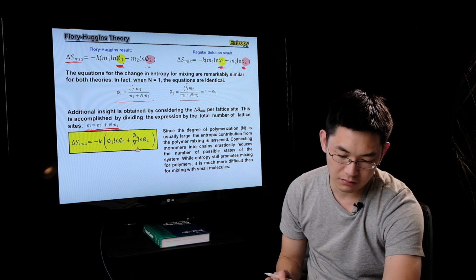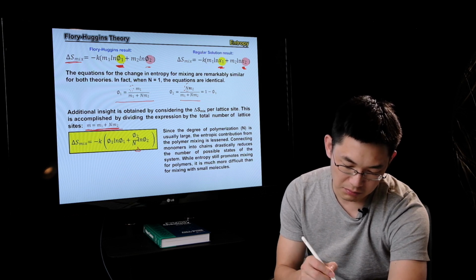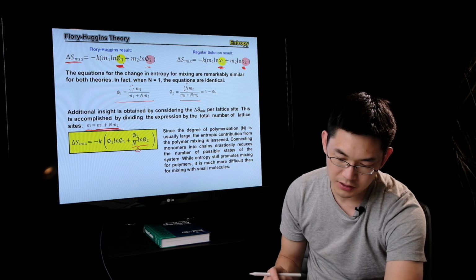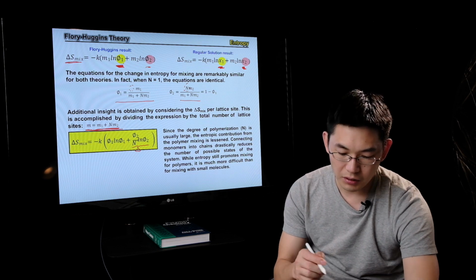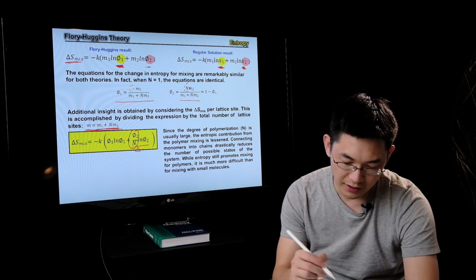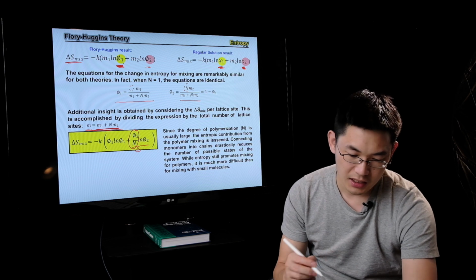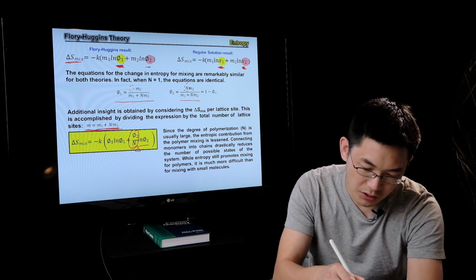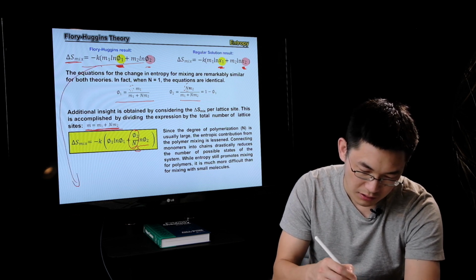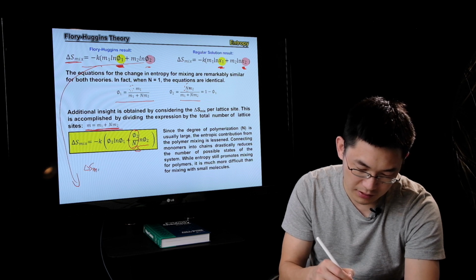What you will see is that it will be inherent to the log phi 2 term. And why there is phi 2 divided by n is because if we use this equation, we get delta S mix as shown above divided by M.